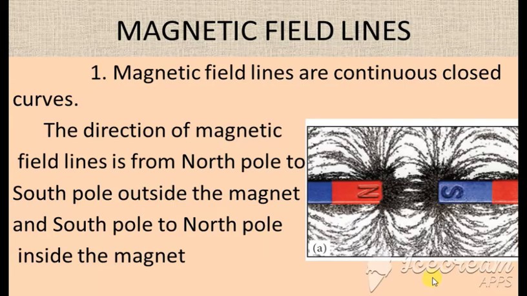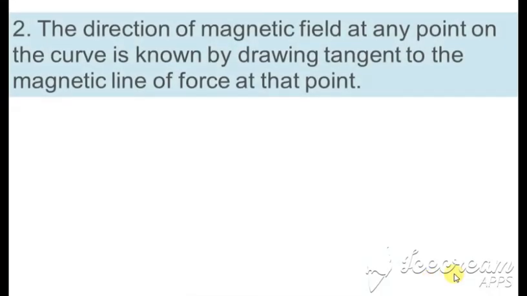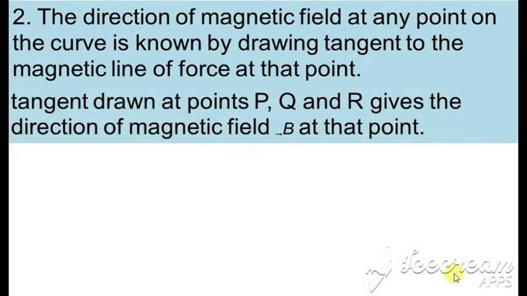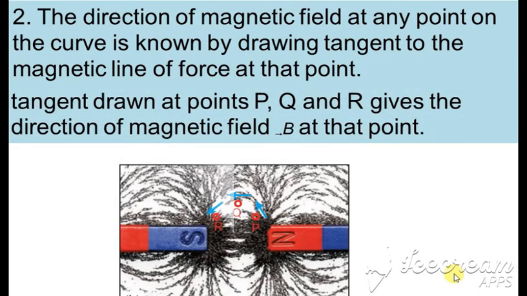Then the second property is the direction of the magnetic field at any point is given by the tangent. Okay, so when you see here, this is a magnet, and we don't know how the direction is, is it not? And so we are drawing a tangent here. So the tangents here are P, Q and R. So see here, this is P, this is Q, and this is R. So what are they?